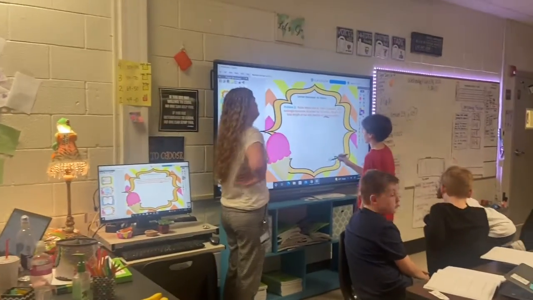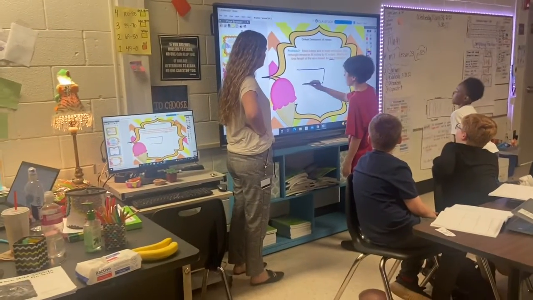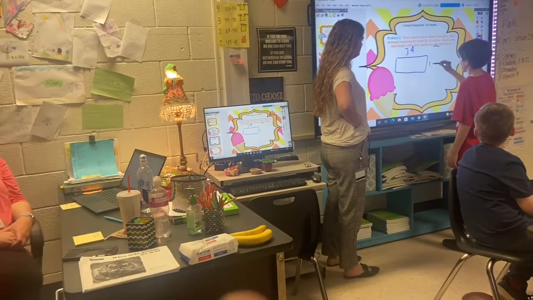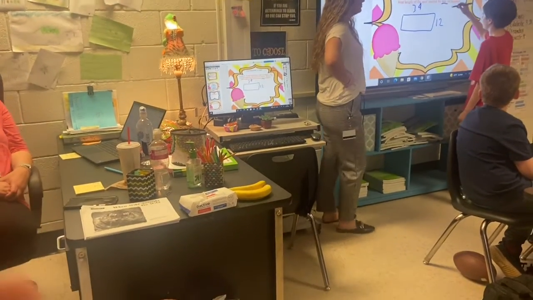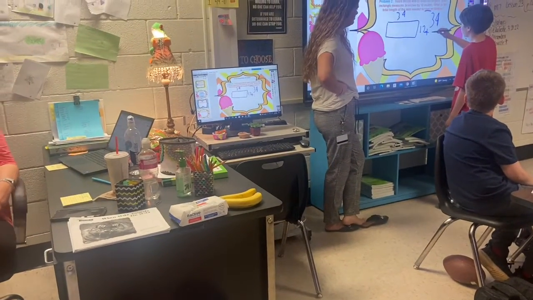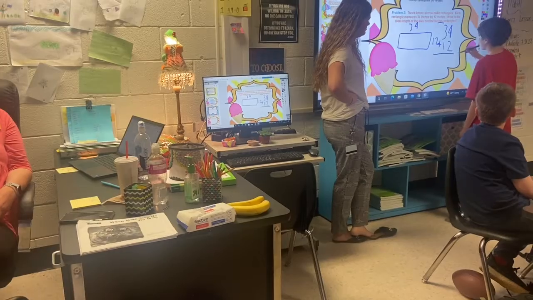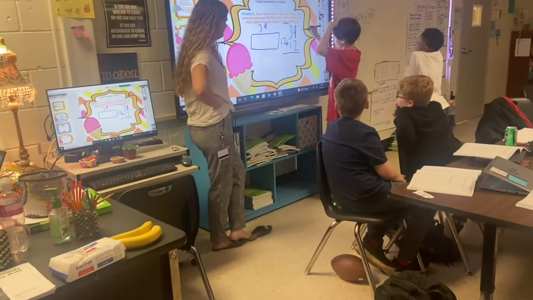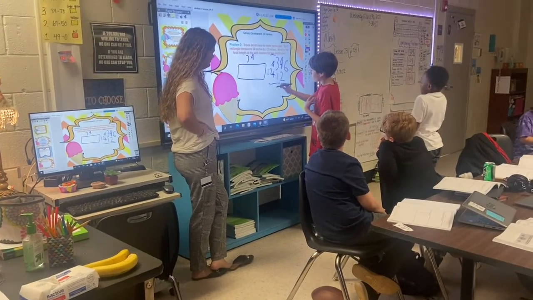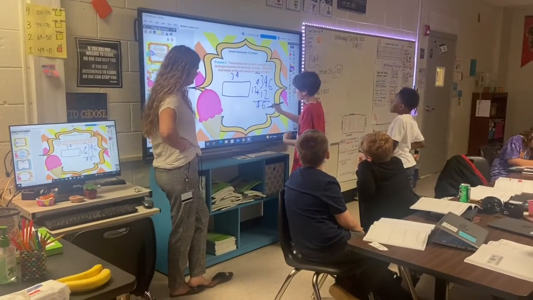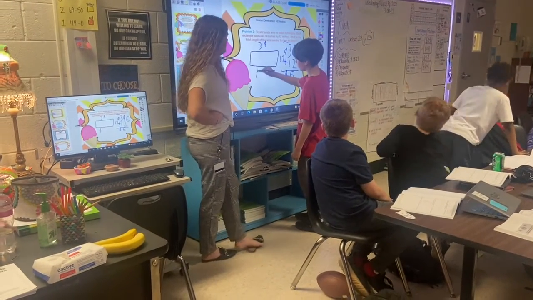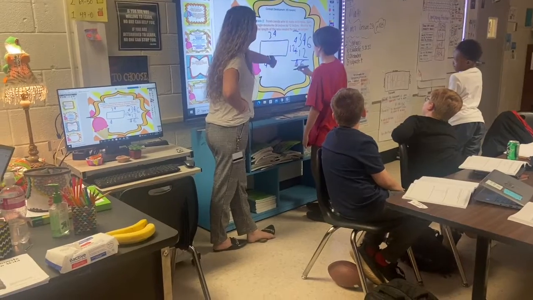So 34 by 12. So we are gonna add 34 plus 12. Okay, so 4 plus 2 equals 6. 3 plus 1 equals 4. So that's 46. So now we gotta basically do two rectangles. So 46. Remember, you gotta add all sides of 34.